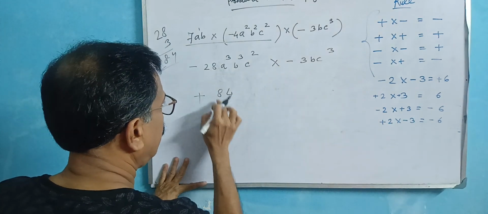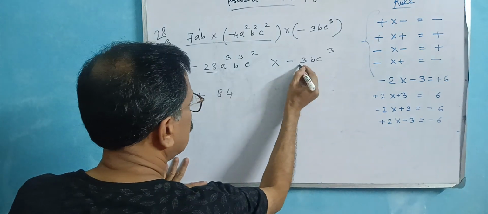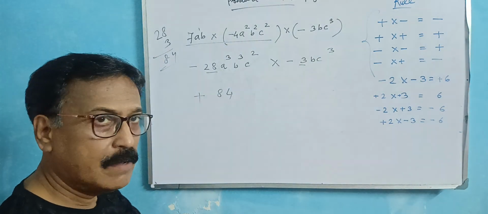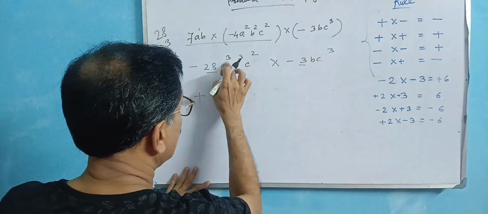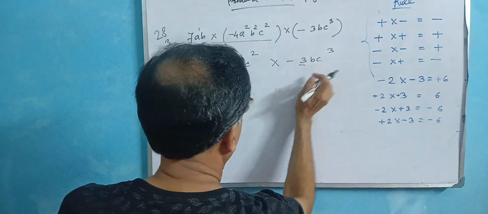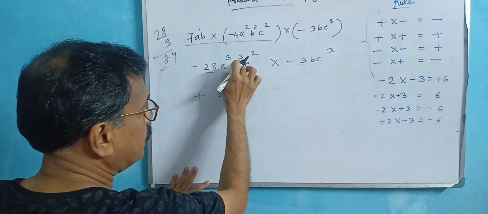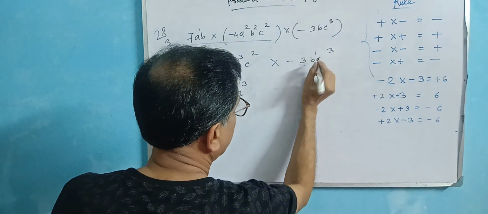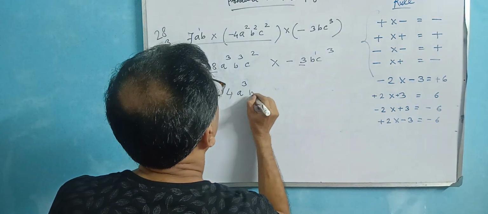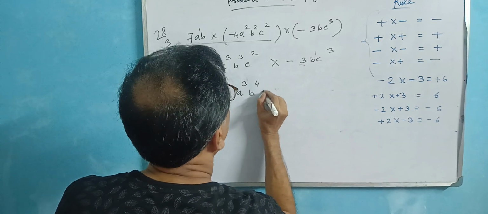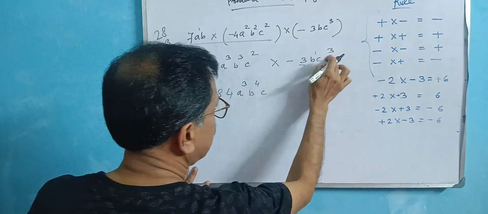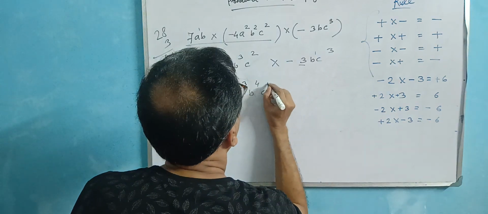Because minus minus is plus. The numericals, this and this you multiply. No problem at all, do you understand? Now this is a cube, there are three a's here, and there is no a here, so you write a cube. b is to the power 3 here, nothing here, that means you take 1, so 3 plus 1, 4, b to the power 4. And now c here is 2, here is 3, so 2 plus 3, 5, c to the power 5.